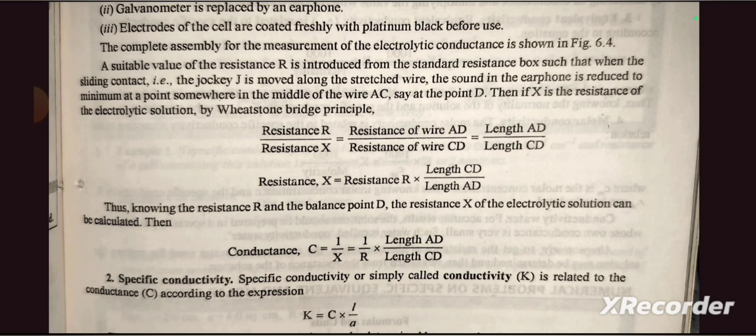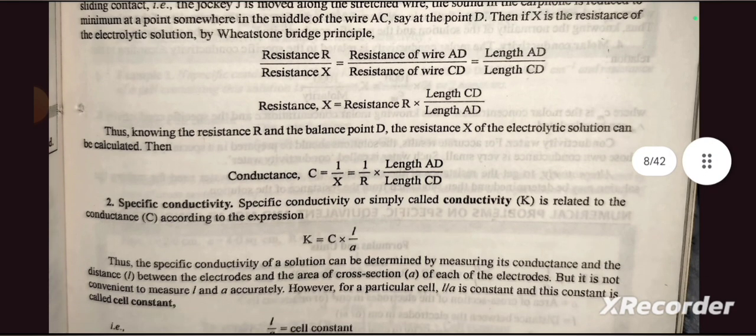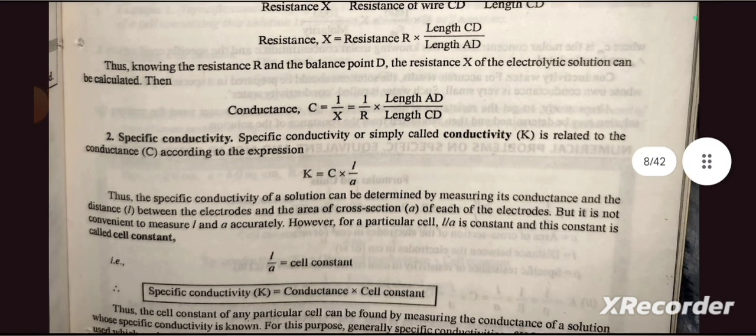Then, if X is the resistance of the electrolytic solution, by Wheatstone bridge principle, resistance R divided by resistance X is equal to resistance of wire AD divided by resistance of wire CD, which is equal to length AD divided by length CD. Resistance X is equal to resistance R into length CD divided by length AD.